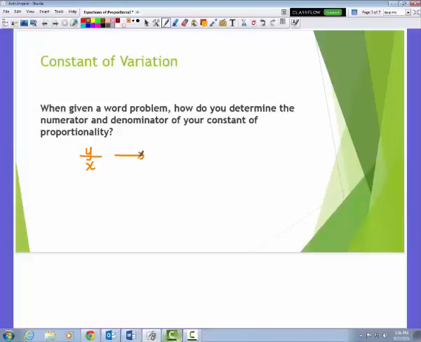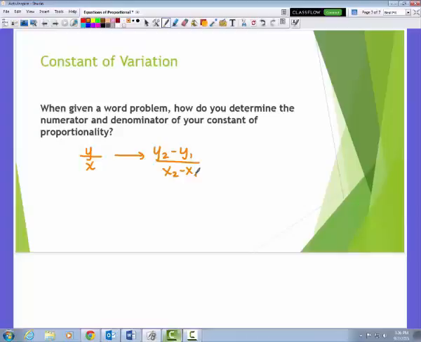Specifically, we could call it y2 minus y1 over x2 minus x1. And those 1s and 2s are not y times 2 and y times 1. Those are just numbers to keep the y's separate. I'm going to show you where they come from here in just a second.